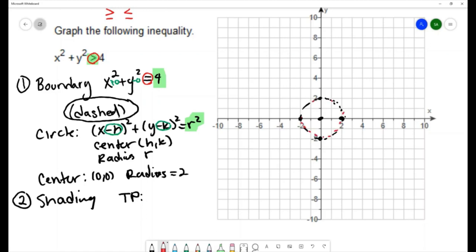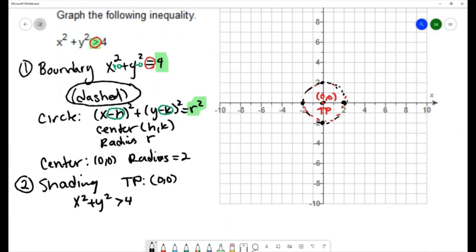I can choose 0, 0, even though it's the center. So I'm going to choose 0, 0 as my test point. And we're going to test that in the original inequality of x squared plus y squared is greater than 4. So substituting that test point in, I would have 0 squared plus 0 squared is greater than 4. 0 is greater than 4 is a false statement.